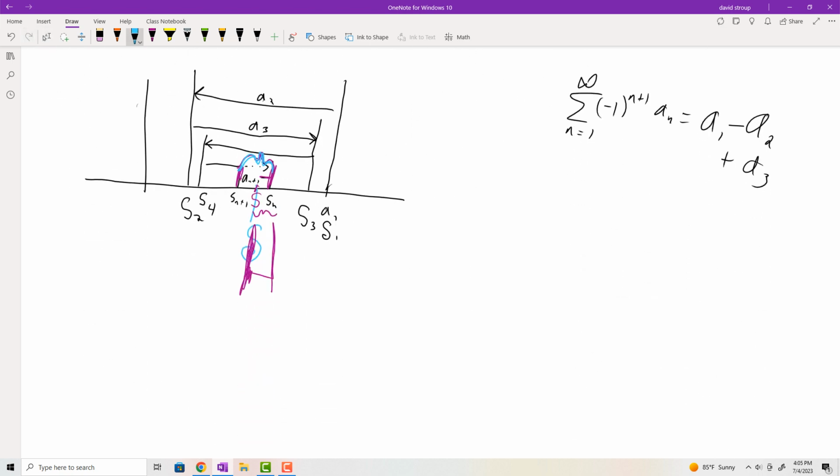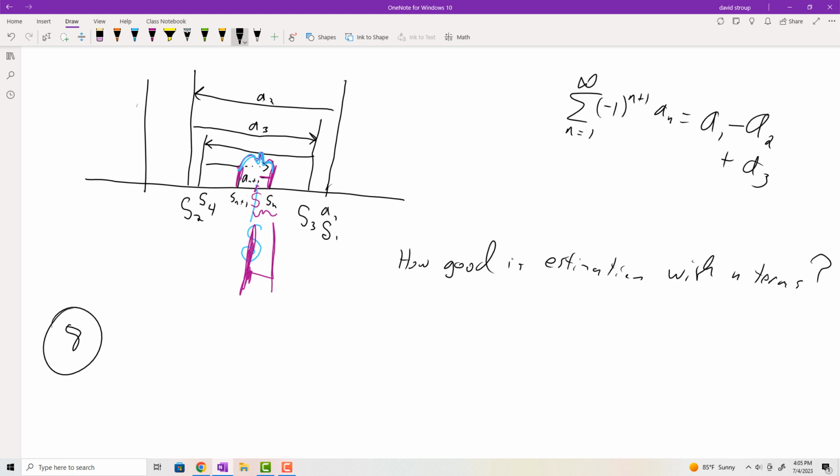Okay, so there are going to be two types of problems. One problem is how good is your estimation? And then how many terms do you need in order to get some estimation?